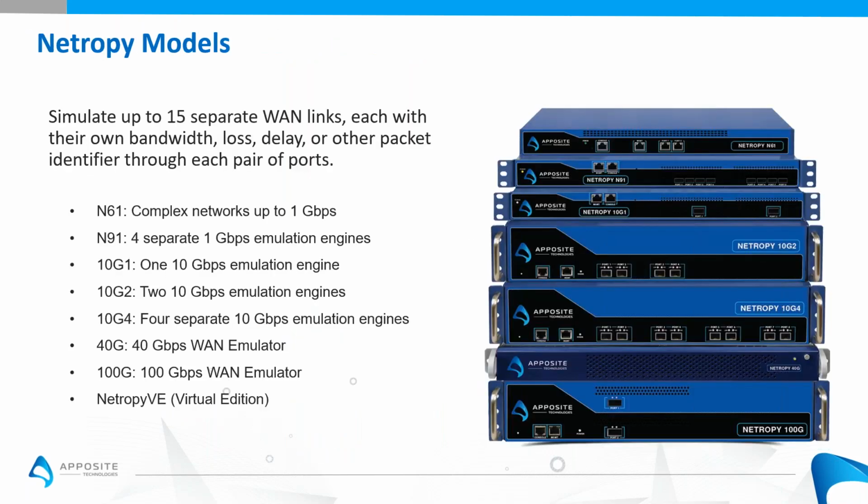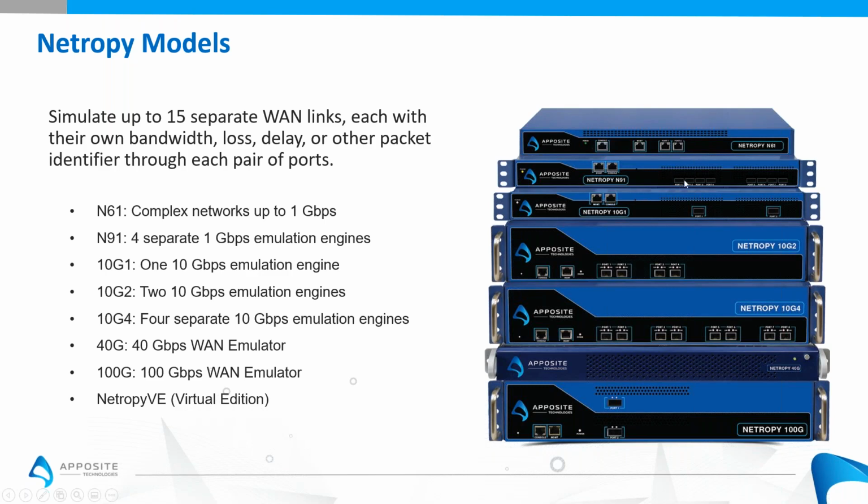And that's it. So here are our different NetHawk models. You'll see that some of them have multiple ports. These are called different engines. For example, the N61 is a 1U server that has one engine, which means it has 2 data ports.